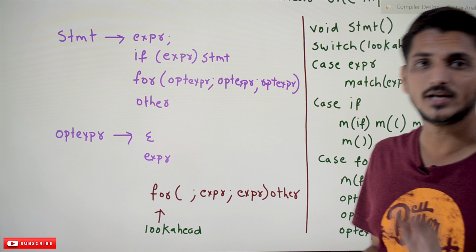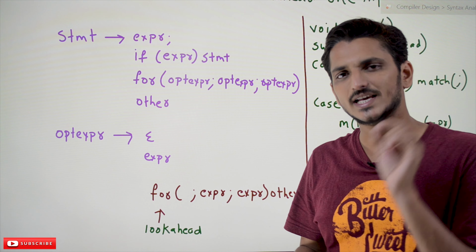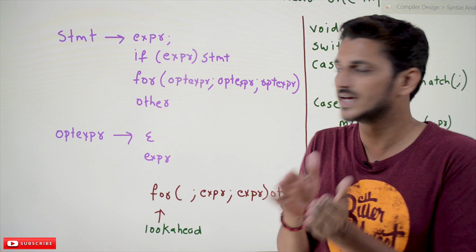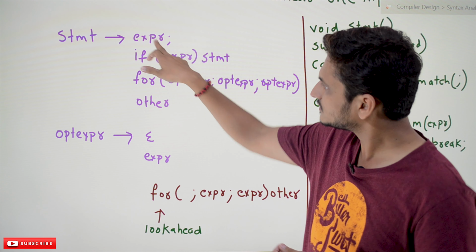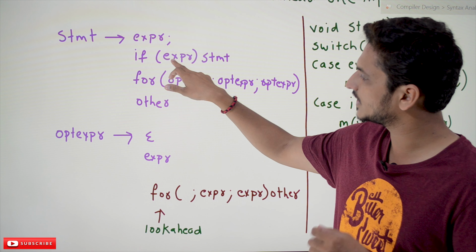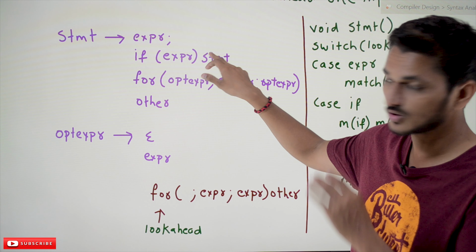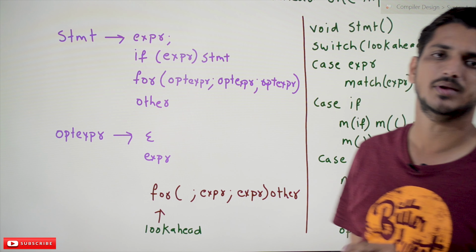Statement is a non-terminal. It tends to expression. Usually expr is a non-terminal in our previous grammars, but for simplicity's sake we are taking it as a terminal, meaning expression is identified. This is a terminal symbol. If is a terminal symbol, open bracket is a terminal symbol, expr is a terminal symbol, closed bracket is a terminal symbol. Statement, again calling statement.